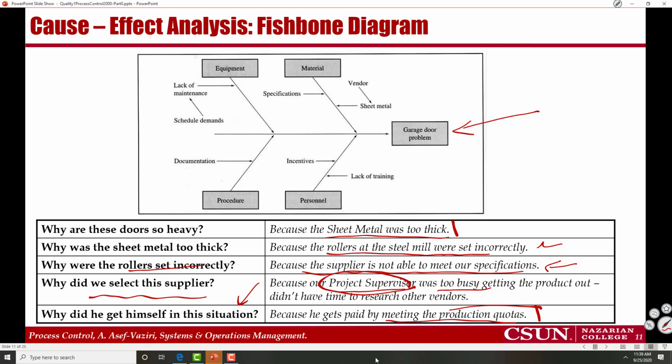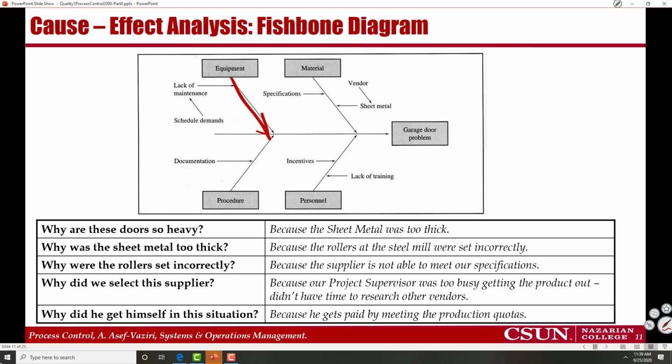By this tool, we go back to find sources of problems, and sources of these sources, and sources of these sources. So a key source is here, the source of this problem. It is because of this, and this one is because of this one. This is the notation that we use to show what the effects are and what the causes of those effects are. Cause-effect analysis or fishbone diagram.